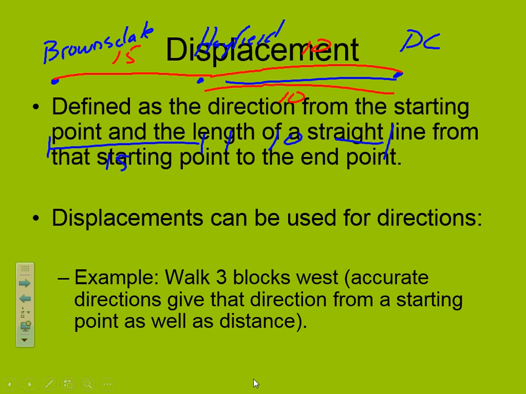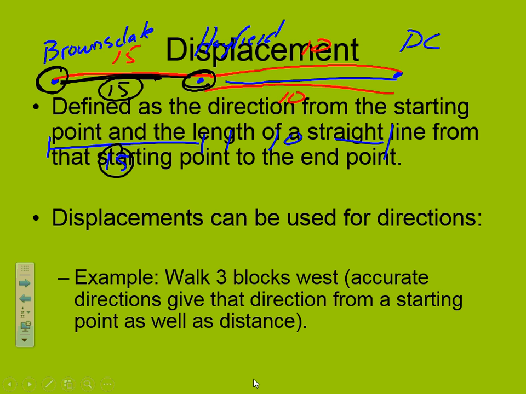Where did you start? Brownsdale. Where did you end up? Hayfield. What's the distance between these two? 15. So even though your distance was 35 miles, your displacement is 15. That is the distance between your starting point and your ending point.